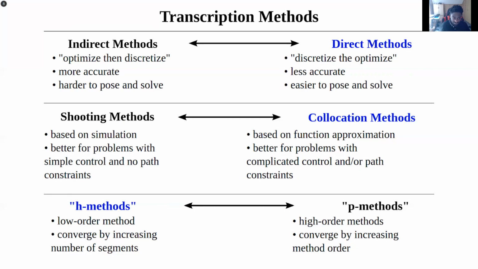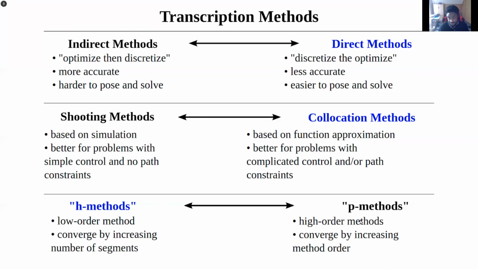You first have continuous states and actions you want to optimize. Then you discretize them into an NLP, and use the NLP solver to return discrete states and actions. You then interpolate these discrete states and actions to get continuous trajectories that you then pass to your robots to execute in the real world.